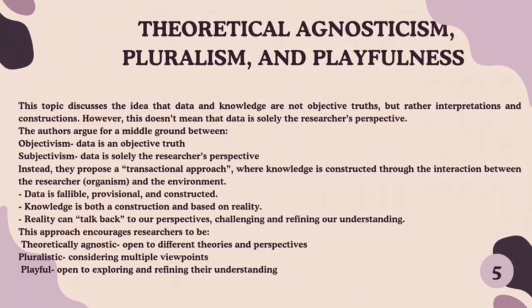Objectivism is where the data is an objective truth. Subjectivism is where it is solely the researcher's perspective. Instead, they propose a transactional approach where knowledge is constructed through the interaction between the researcher or organism and the environment. So that is theoretical agnosticism, pluralism, and playfulness.